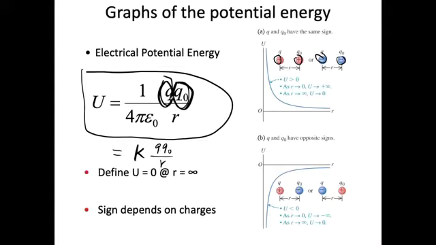And when the force is doing negative work, the change of potential energy is positive, so you get a positive potential energy. You can do the same analysis for a negative and a negative, right? The force is doing negative work, so potential energy increases when you bring two negative charges from infinitely far away to distance r.